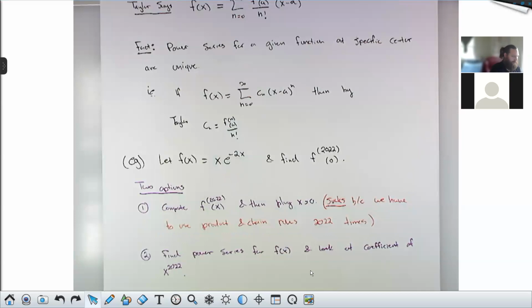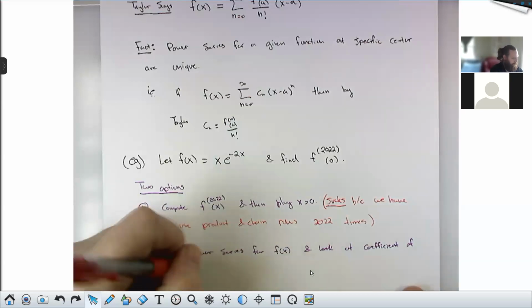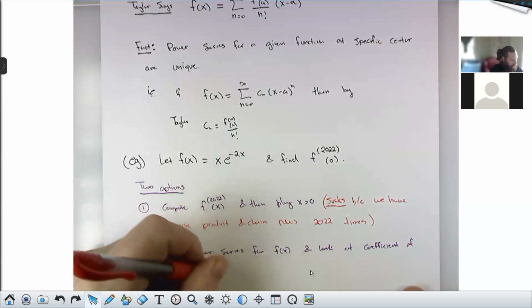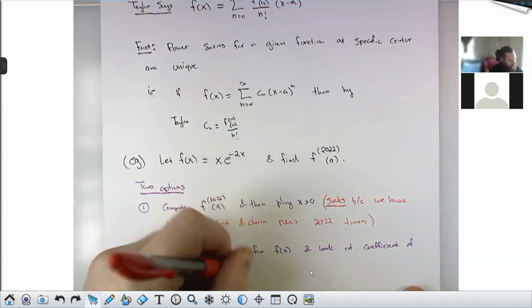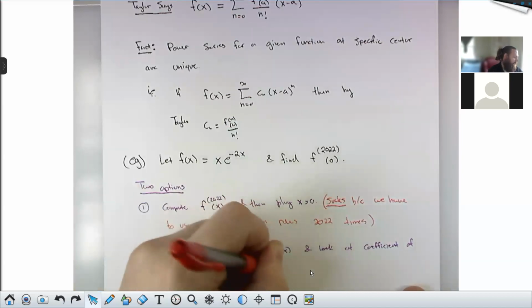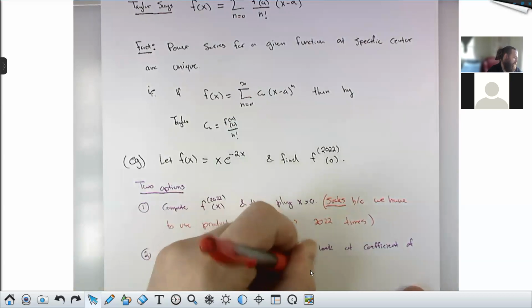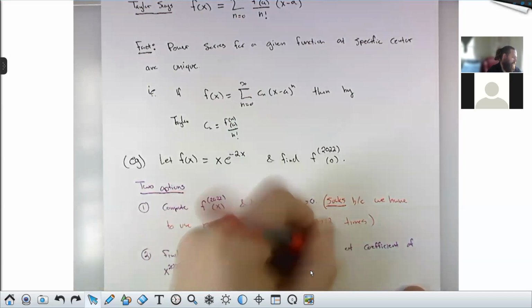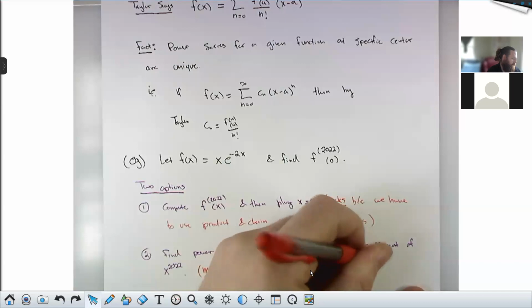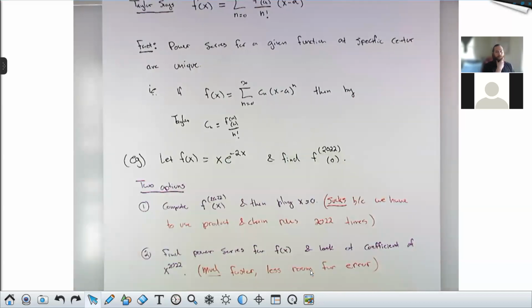So we're definitely going to do this. This is much better. I'll just say it's much faster and less room for error. There's still room for error, but less.